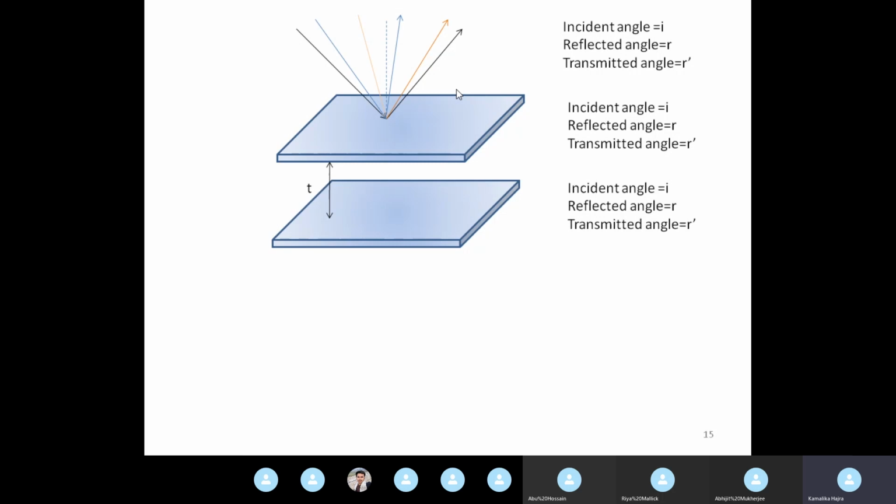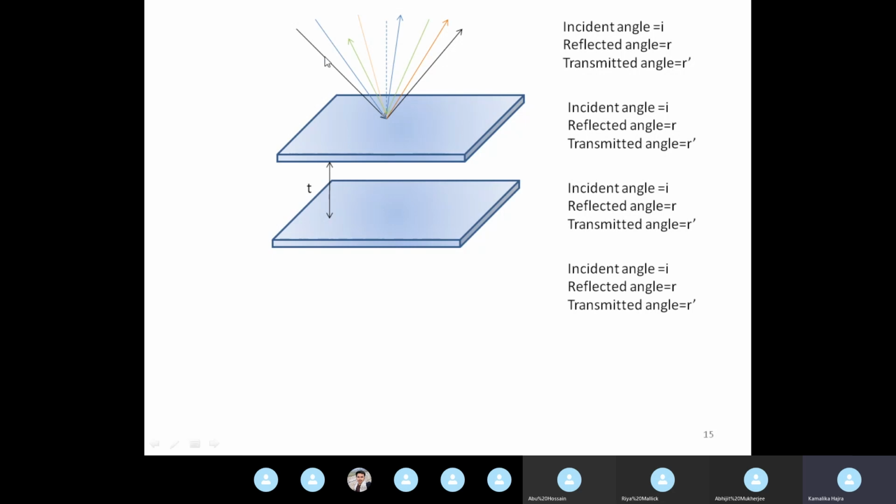And we can have another ray again inclined at an angle i with the normal, which will produce the same set of reflected and transmitted rays with the same angles of reflection and transmission, and another ray like this.